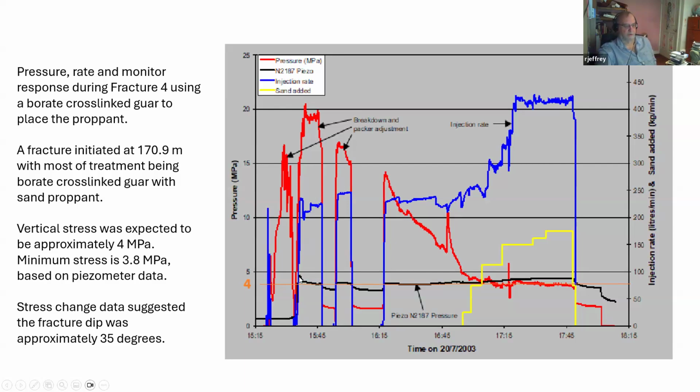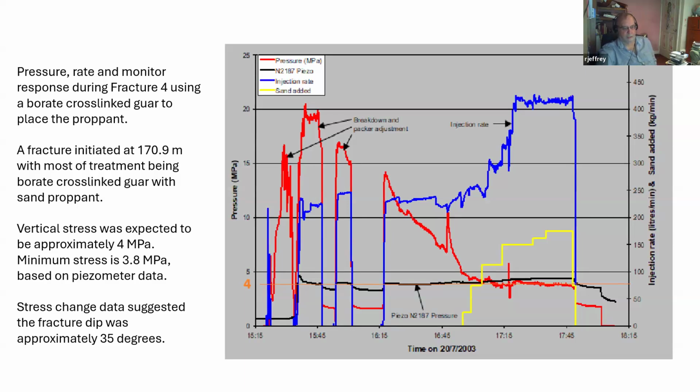And it showed from early on, from the first intersection, really, a pressure that was basically normal, just above the minimum stress as expected from overcoring and from density log.